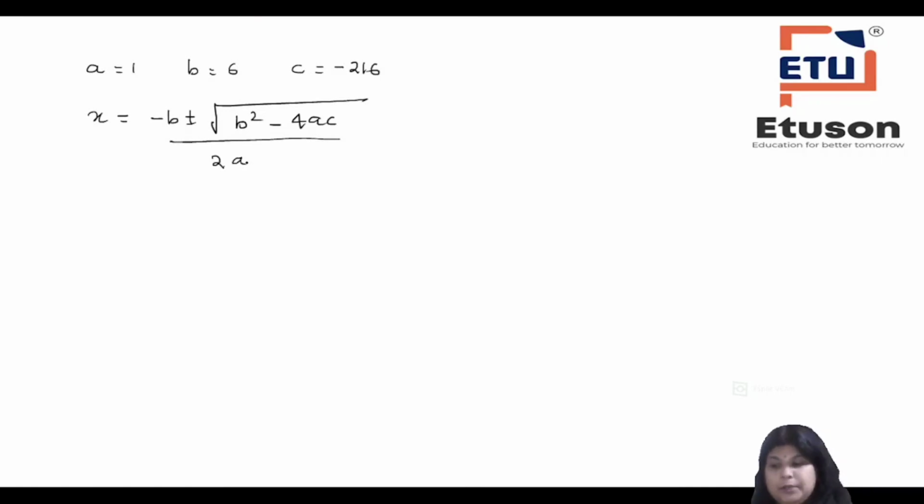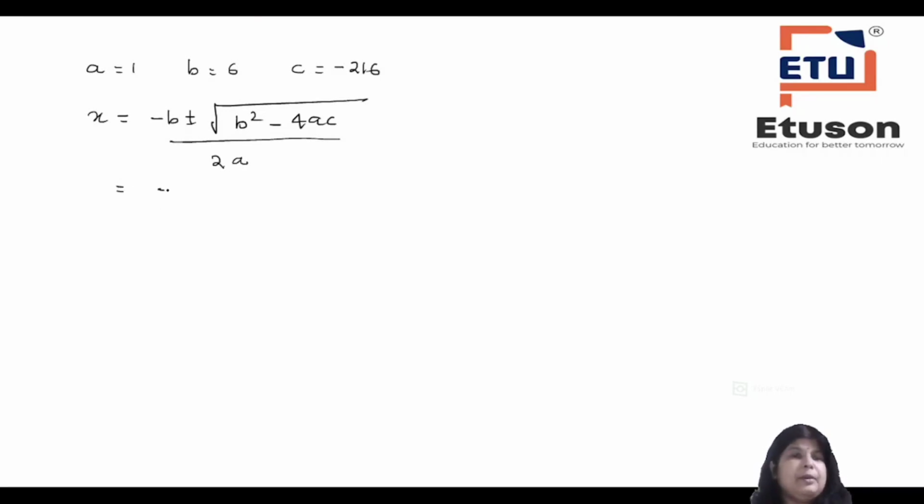From the equation, you have a is equal to 1, b is equal to 6 and c is equal to minus 216. Using the formula, x is equal to minus b plus or minus square root of b square minus 4ac divided by 2a. Correct or not?